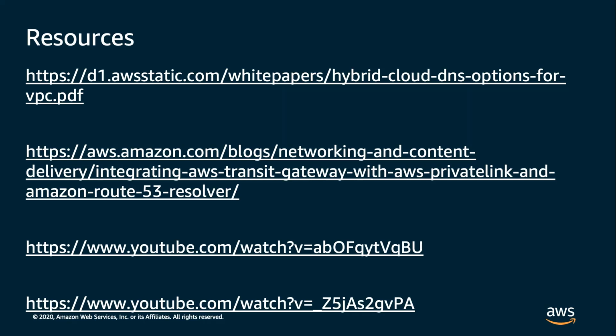There's also this blog post for integrating Transit Gateway with PrivateLink and Route 53 Resolver. This talks through some of the concepts that I mentioned with alias records and how you can have that PrivateLink, the interface VPC endpoint, resolve into a different VPC than the actual interface endpoint is sitting in.